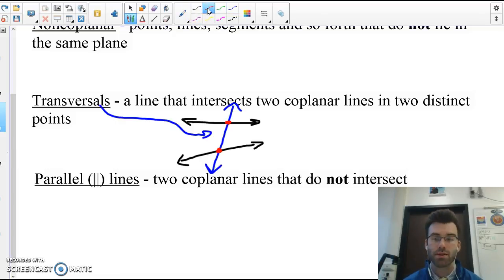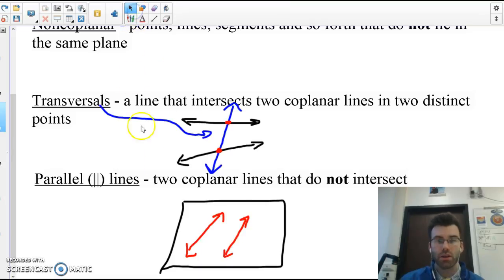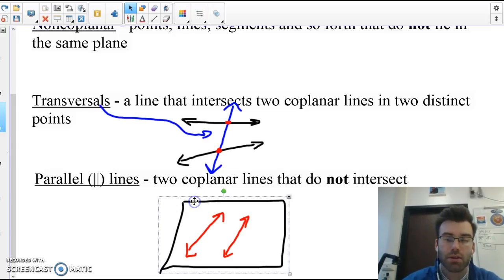We know what parallel lines are. They're 2 coplanar lines that do not intersect. Thinking of them as lying on the same plane, here's my plane. My parallel lines will never cross. They'll go on forever and never touch. Just remember when we found the slope of 2 parallel lines, those 2 parallel lines increase at the same rate, because they will never intersect.